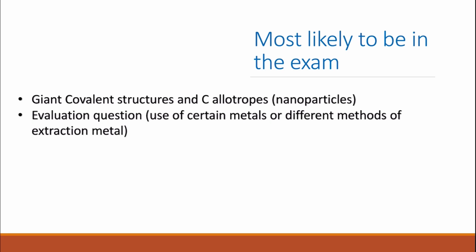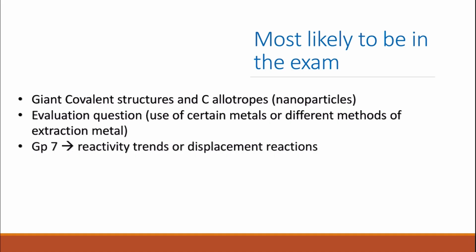Most probably it's going to be a new thing that never featured in the exam before. All you need to do is look at the data, do some analysis, see what are the pros and cons for each of these, and then enumerate these in your answer and compare between them.